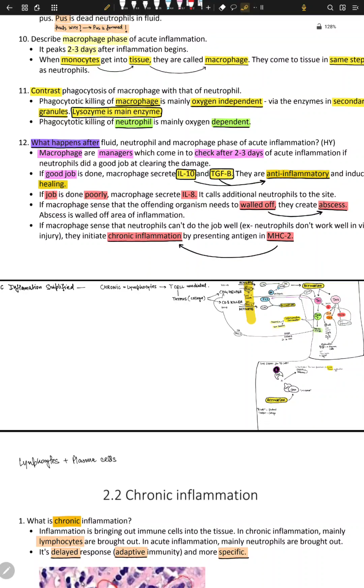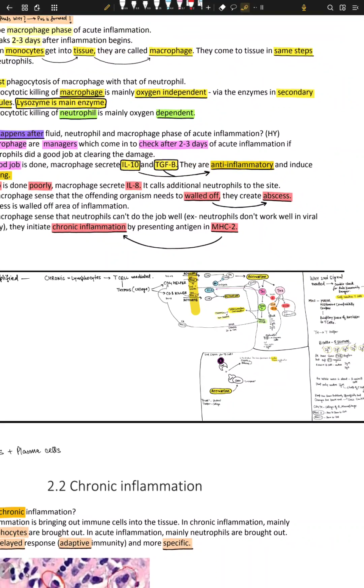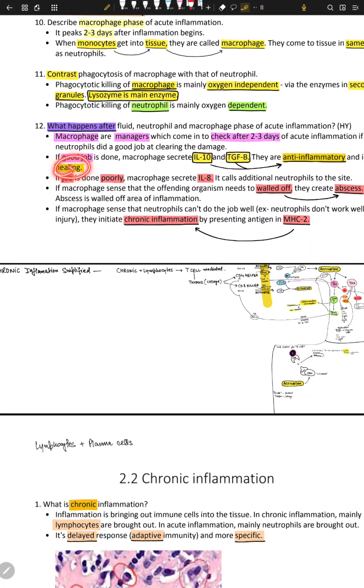If the neutrophils did a good job, the macrophages will secrete something called interleukin 10 and TGF beta. TGF beta is the opposite of interferon gamma: gamma is pro-inflammatory, beta is anti-inflammatory. IL-10 and TGF beta are anti-inflammatory. They induce healing.